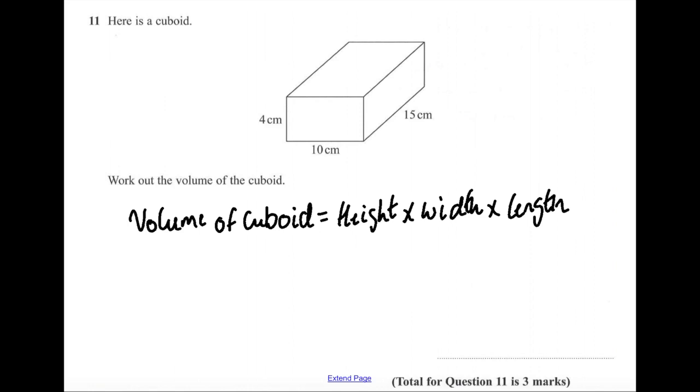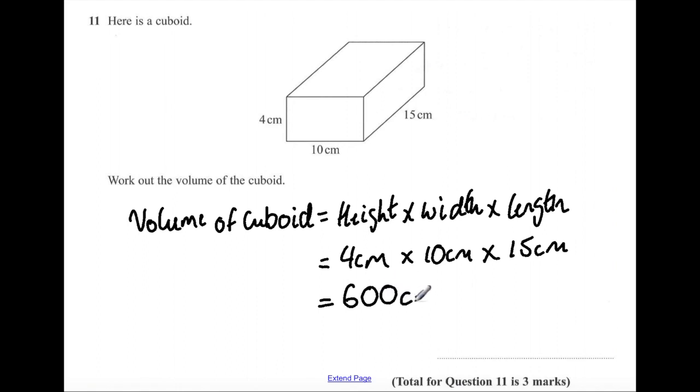Now the height of this cuboid is 4 centimeters, so let me substitute that back into the equation. So 4 centimeters, the width is 10 centimeters and the length is 15 centimeters. Now when you multiply all the numbers together, we should have 600 centimeters cubed. So our final answer is 600 centimeters cubed.